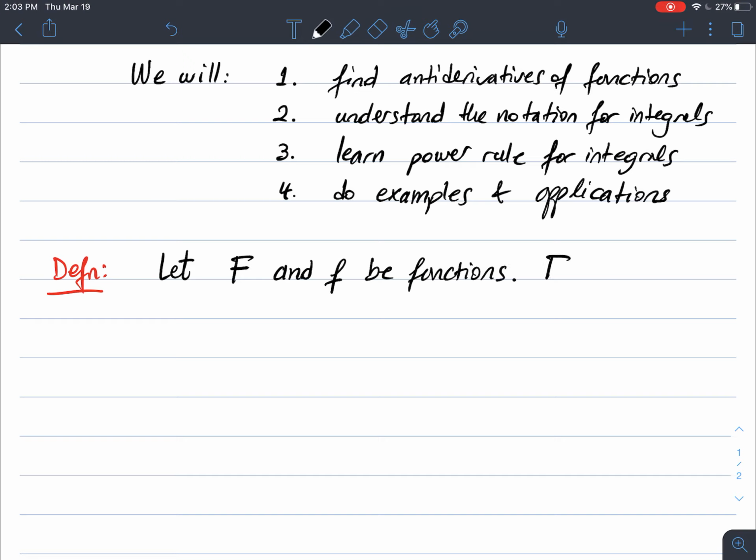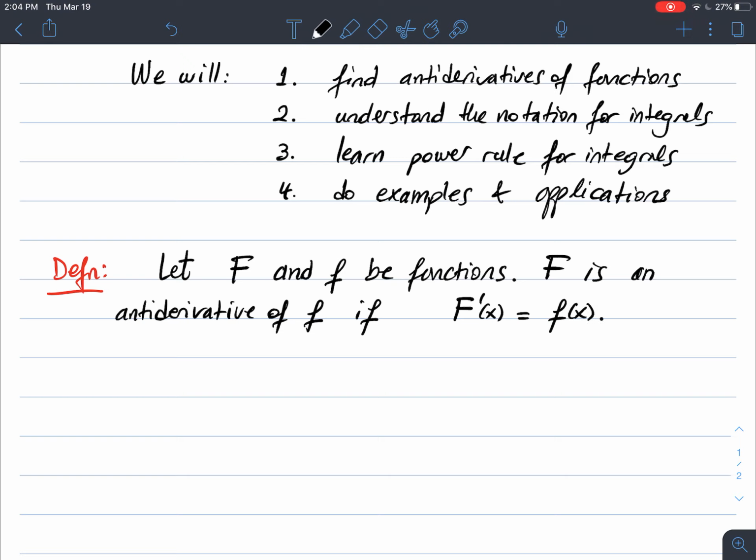Then capital F is an antiderivative of little f if the following happens. The derivative of capital F is equal to lowercase f.